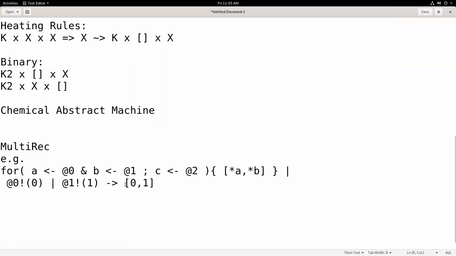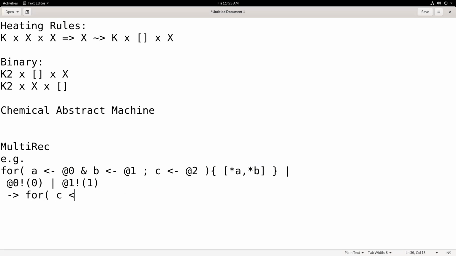Okay, cool. First it will look for both of these pieces of information, one on this channel at 0, one on this channel at 1. It will consume them together, and then one COM reduction is going to get us to a 4.